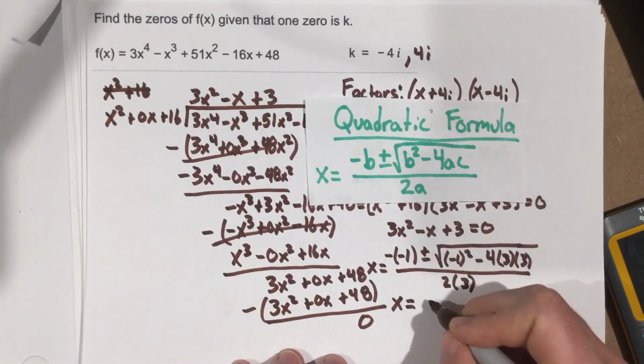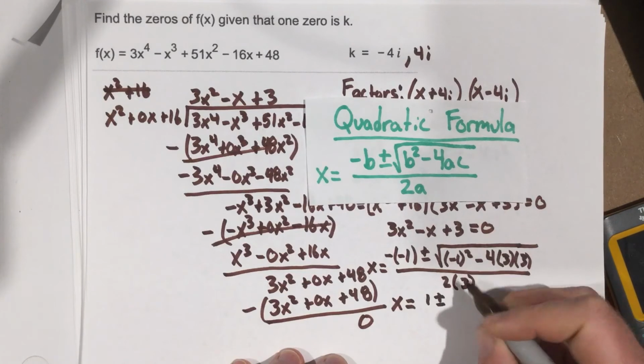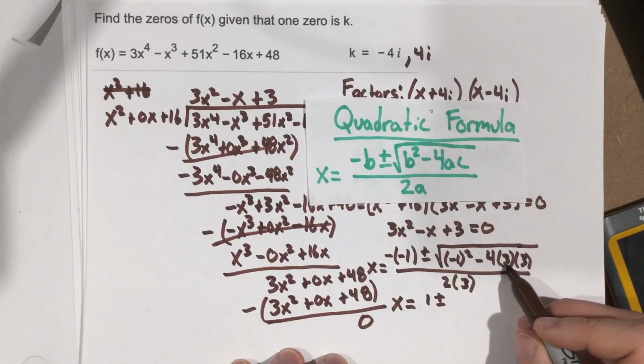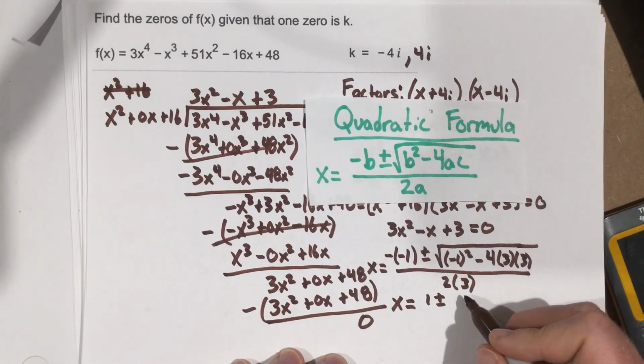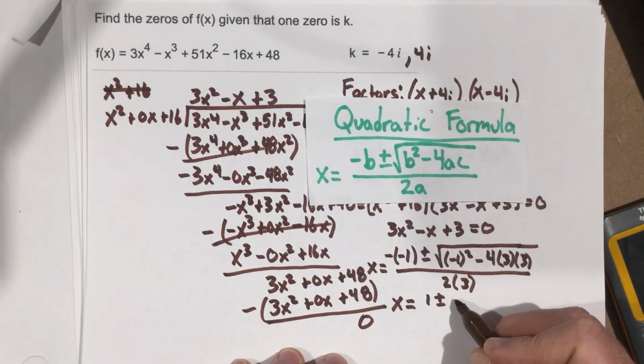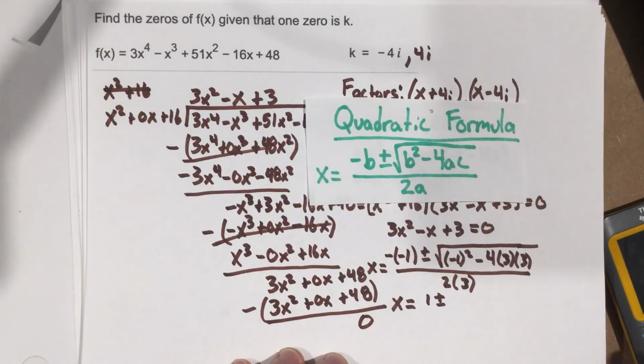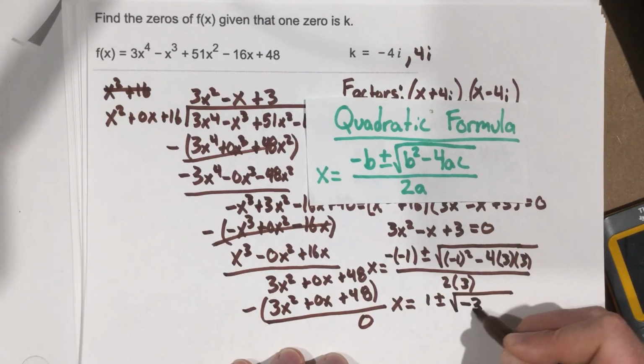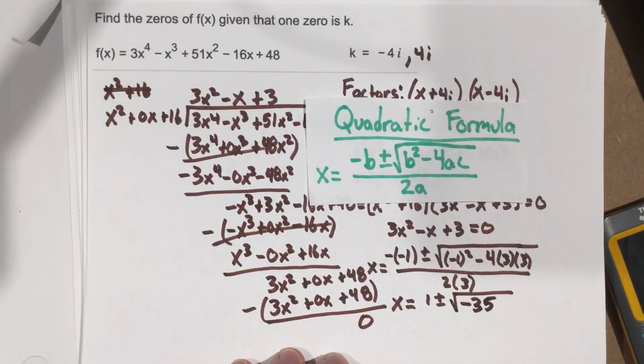So let's plug this in the calculator. This will be 1 plus or minus root, 1 minus 4 times 3 is 12, 1 minus 36, so that'll be root of negative 35, and that's all over 6.